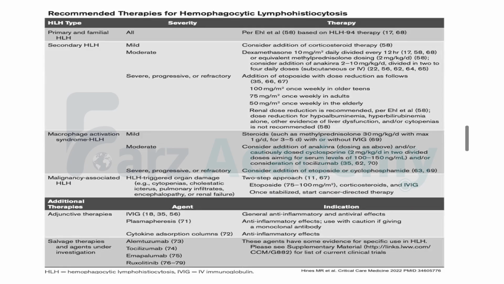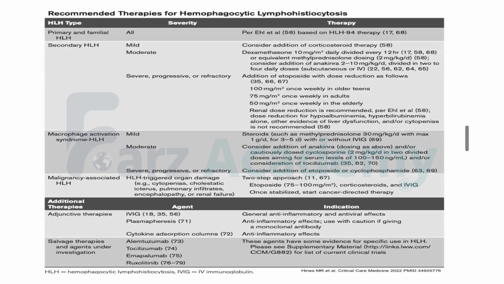Macrophage activation syndrome, again in mild, moderate, severe categories. In the mild category, just pulse steroid with a maximum of 1 gram per day for 3 to 5 days, plus or minus IVIG. When it is autoimmune disorders, rheumatoid arthritis and all rheumatological disorders, you can think of IVIG as well.